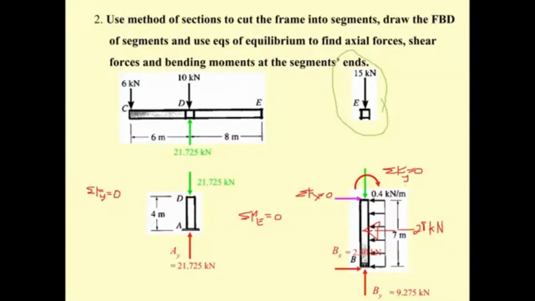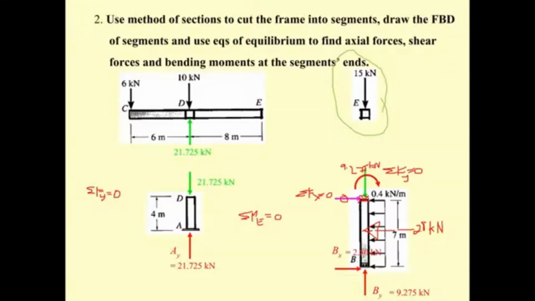So this guy is going to be 9.2275 kilonewton. Okay, and this is going to be 0. And the moment when you take the moment at point E over here, you will get what?